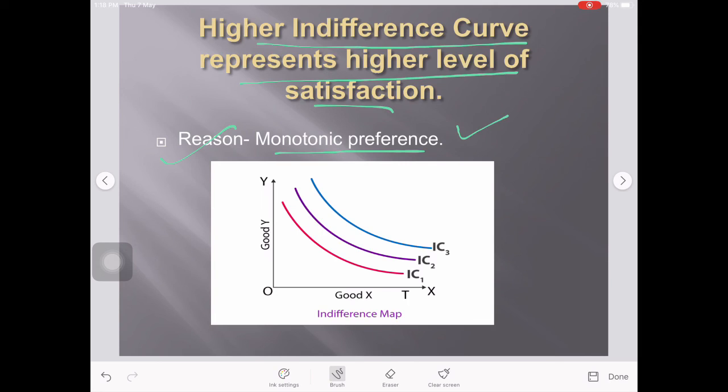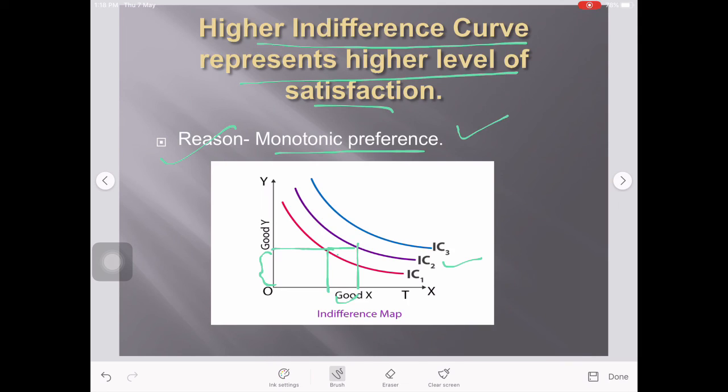That means, suppose the consumer is on IC1 and he gets a chance to go to IC2. In IC2, he is getting more units of commodity X while he is getting same amount of commodity Y. That's why IC2 represent higher level of satisfaction.